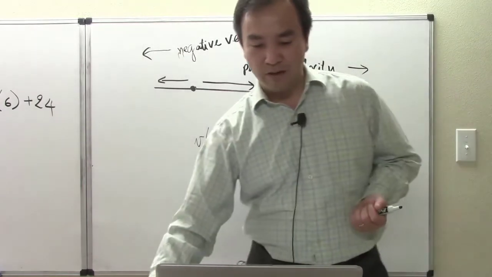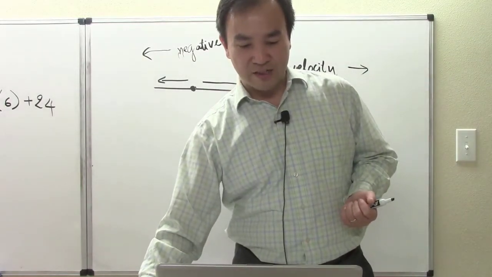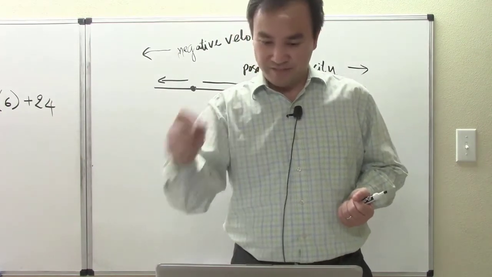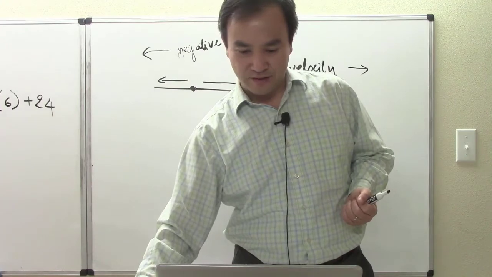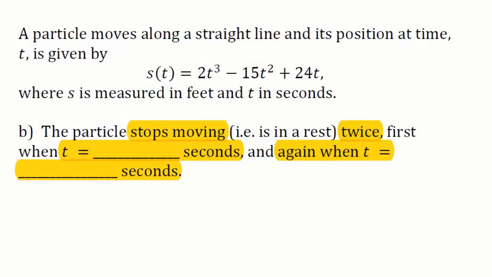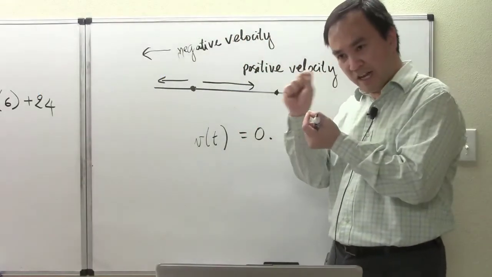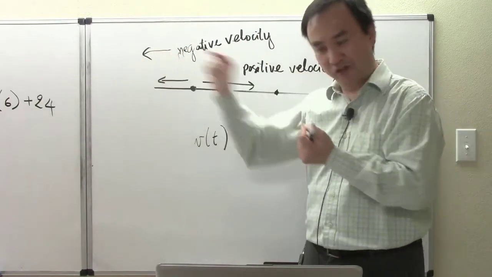The wording of the problem also said that the motion has to be instantaneously in rest. The motion being in rest means it has to instantaneously stop to change to a different direction.